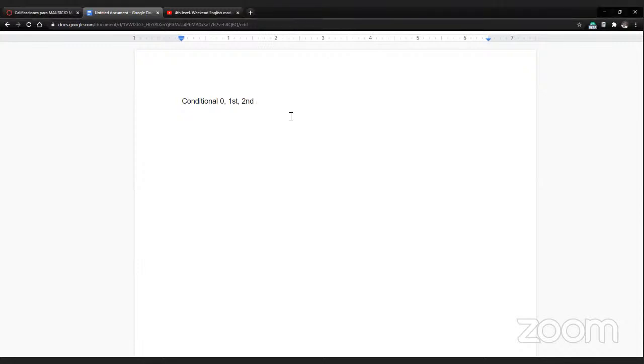Well, guys, as I said, in module number 4, the three different conditionals are included: zero, first, and second conditional. Last week, we started working on the zero conditional. Today, I'm going to refresh your mind about the structure of those conditionals.